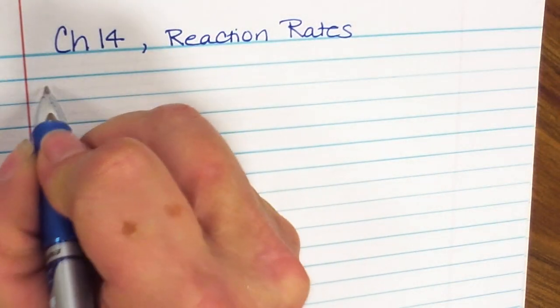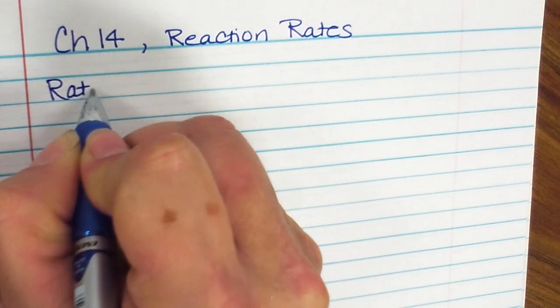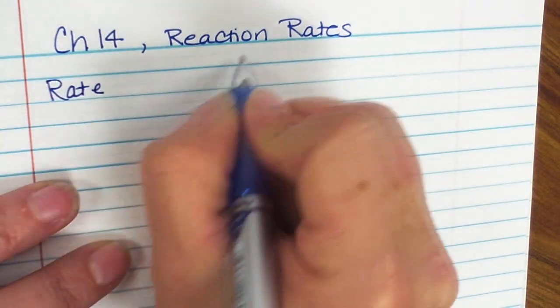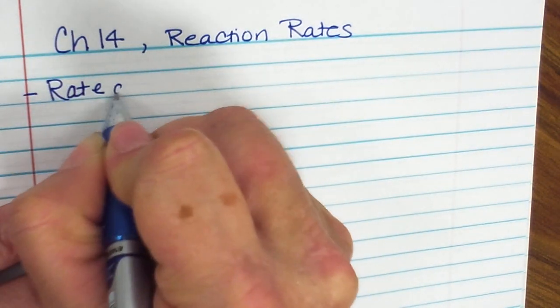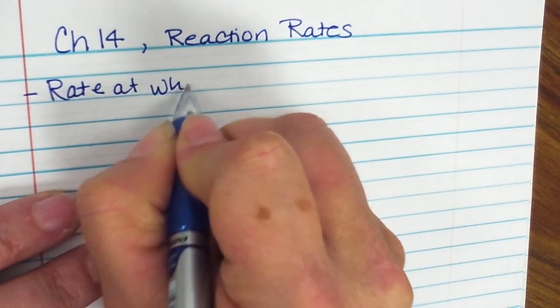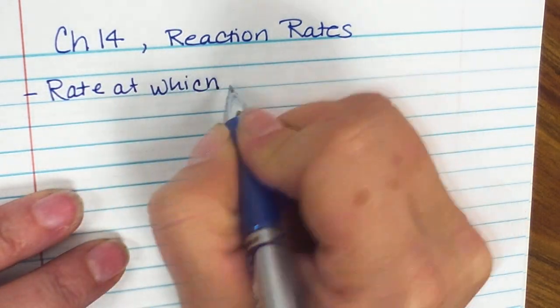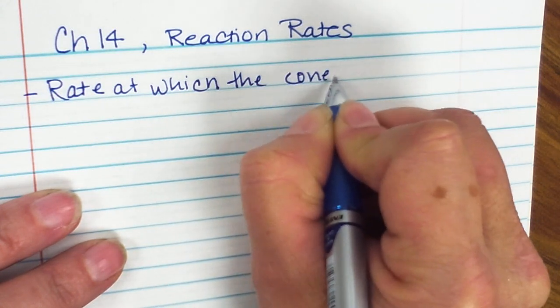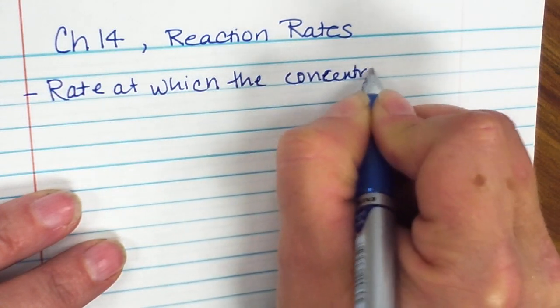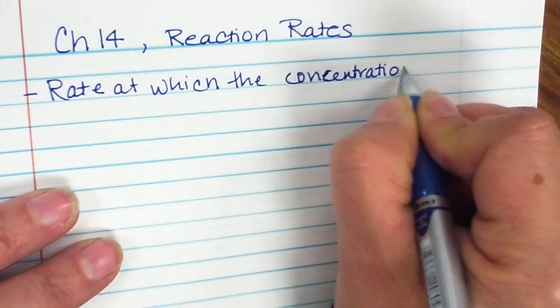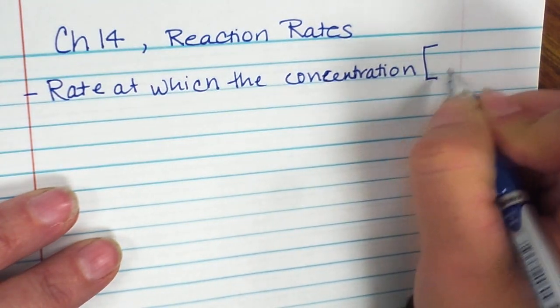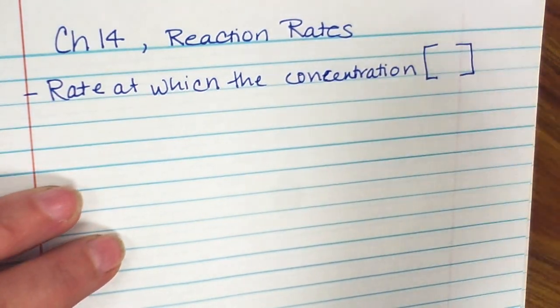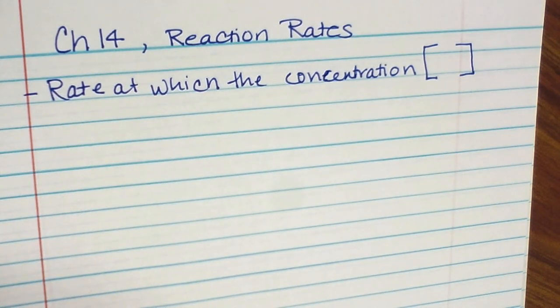So rate, the reaction rate is the rate at which the concentration, and we represent concentration by square brackets. We know this, don't we, already?